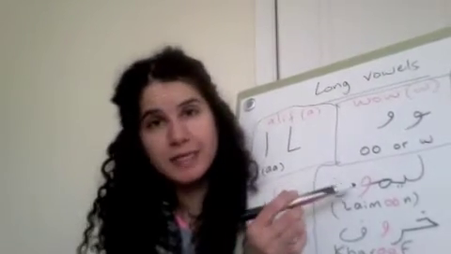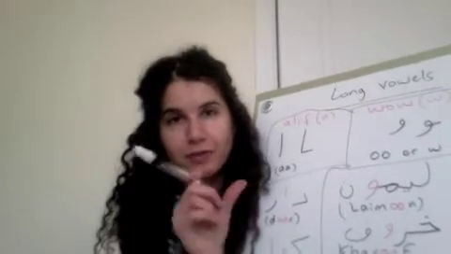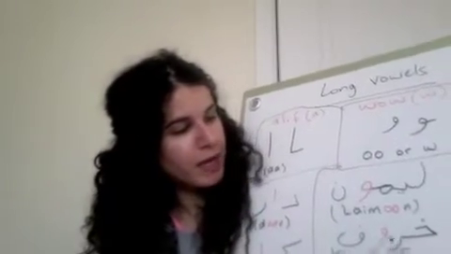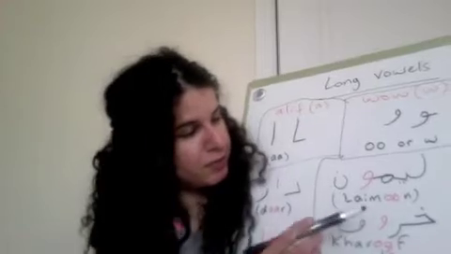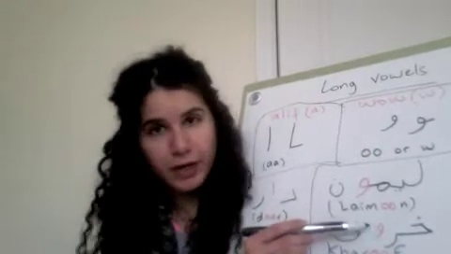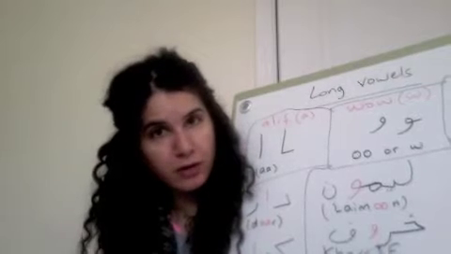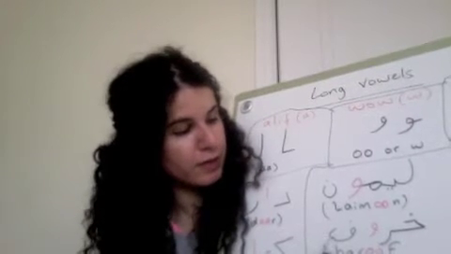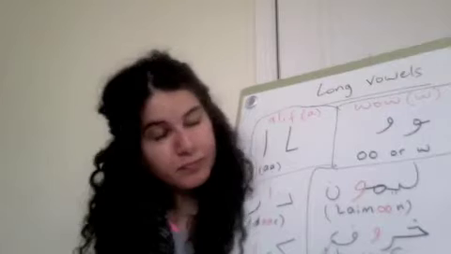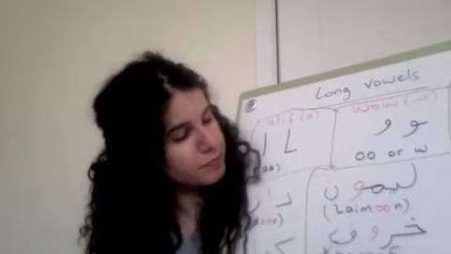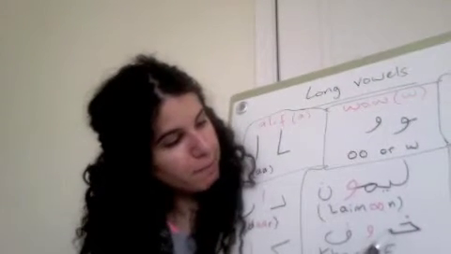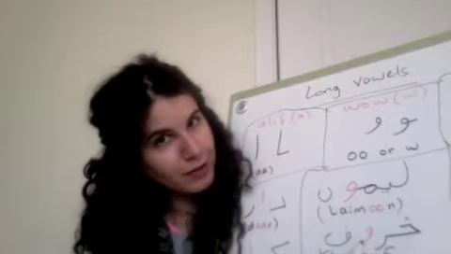By the way, laymoon means lemon, the lemon that we eat. Kharoof is sheep, and we've got the waw right here in the middle. Right in front of it, there's harf al-ra, letter R, and after it is letter F.